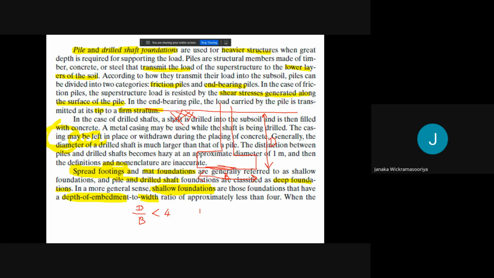That means the depth should be less than 4 times the width. Again, this depth should be less than 4 times the width of the foundation. That is the definition of shallow foundations.